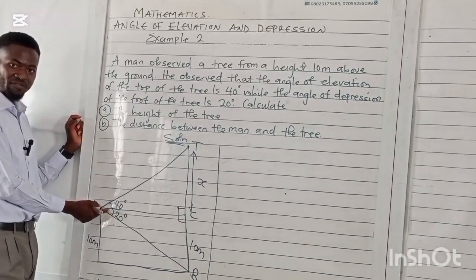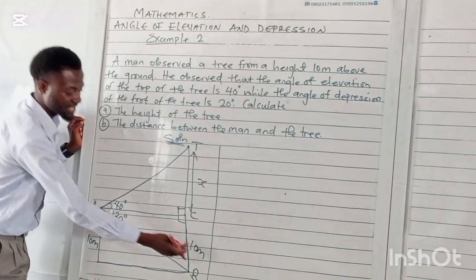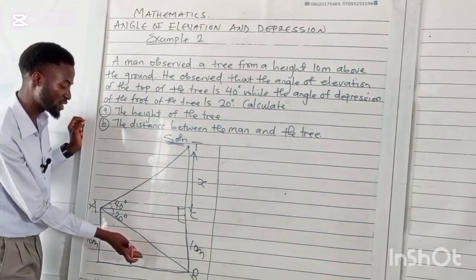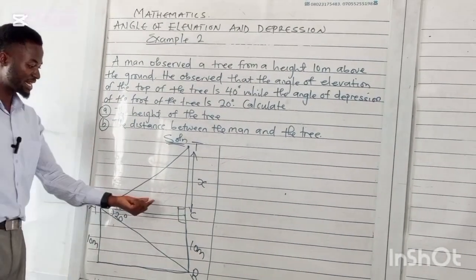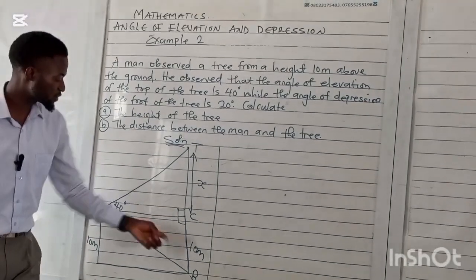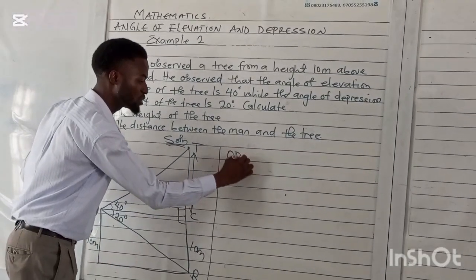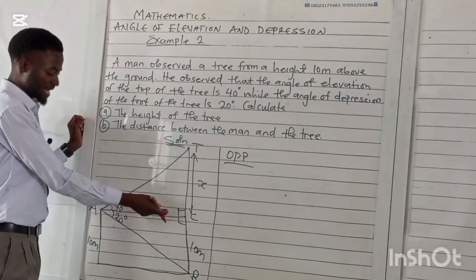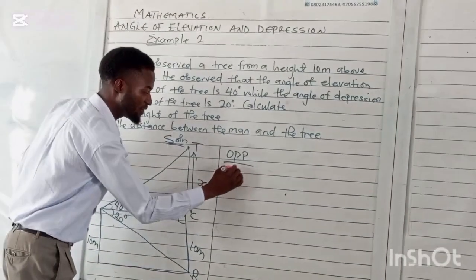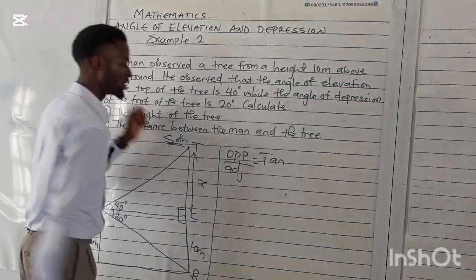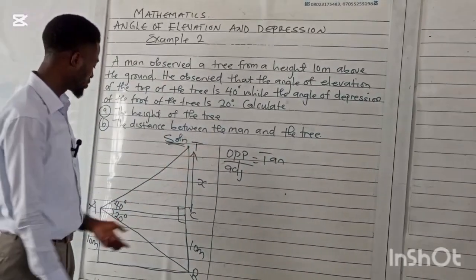So this is our reference angle. That means this is automatically our opposite. This is the hypotenuse, because it is the side opposite the right angle, and then this is the adjacent. So for us to find this line, we are going to have opposite over adjacent, which is equal to tan, because tan is opposite over adjacent.